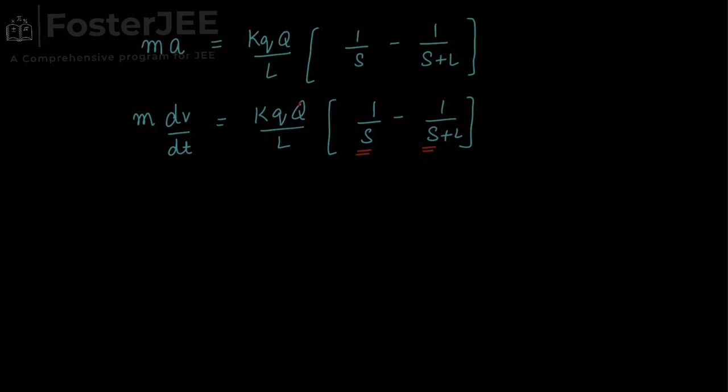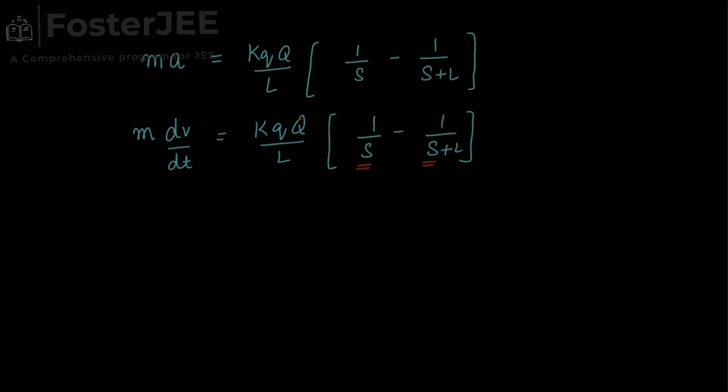So in order to get the velocity, we have to eliminate the time term, since this equation has three variables: one is S, one is V, and one is T. So we cannot integrate it right now, but we have to replace this term in terms of either V or S or both, so that it becomes easier to integrate this equation.